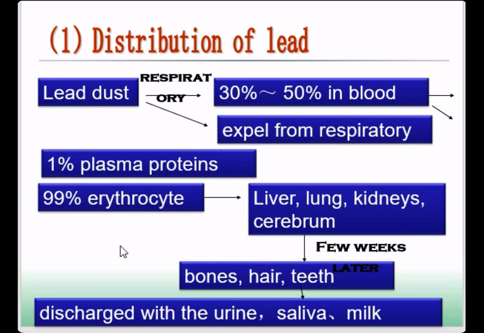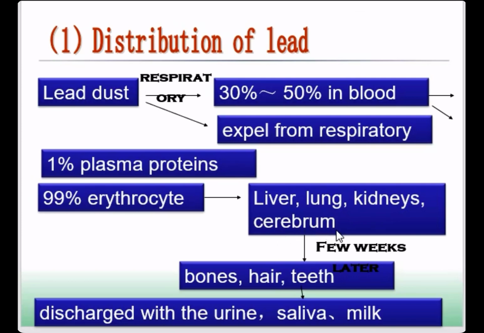In total, 99% of it will stay with erythrocytes, and 1% will stay in plasma proteins. And after staying with erythrocytes, it will go to different organs, including liver, lung, kidneys, and cerebrum.